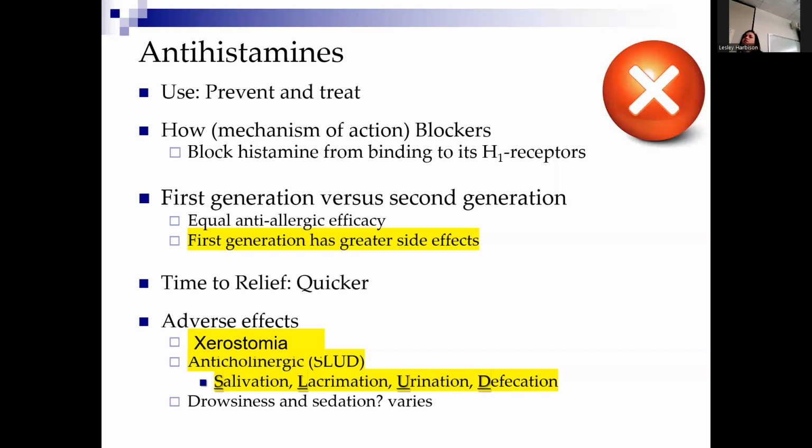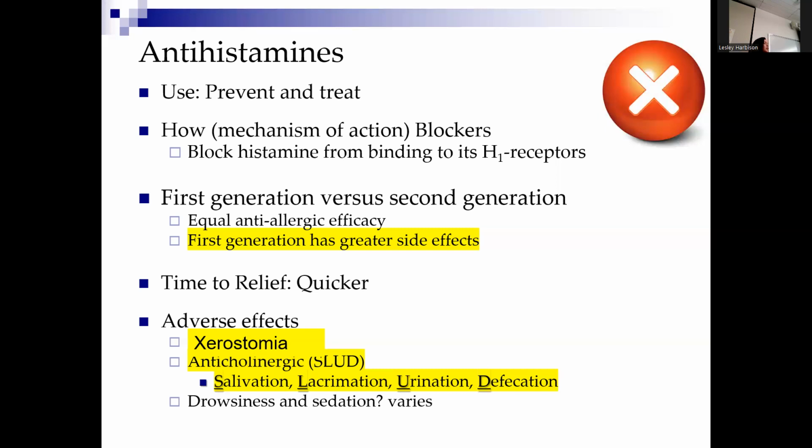So adverse effects for antihistamines: xerostomia, dry mouth. That's just going to come up. It's a constant for the rest of this class. There are so many drugs that cause xerostomia or dry mouth, and we know that's a problem for caries risk and perio too. Anticholinergic effects is an umbrella term, and you'll see that a lot as well.